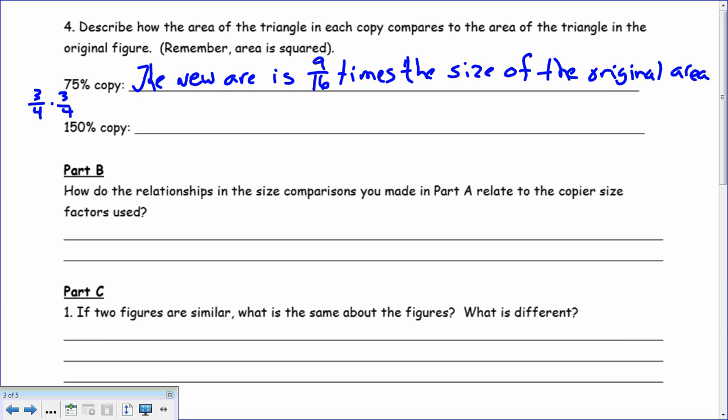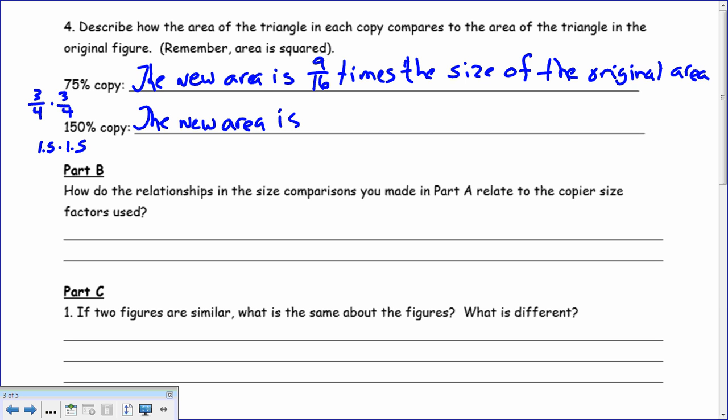So for the 150% copy, what do you think the area would be there? How would that compare? Remember, what's 150% as a decimal? Blake? 1.5. So we have to take 1.5 and multiply it by 1.5. So here, the new area, that's supposed to be an 8 there, is, now when you multiply 1.5 times 1.5, do you know what the answer is?